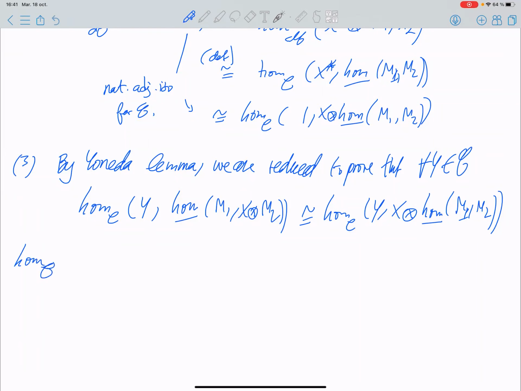C internal Hom M1 extensor M2. So first, this is by definition of internal Hom, the Hom space on the module M. So you just write the definition of internal Hom here.